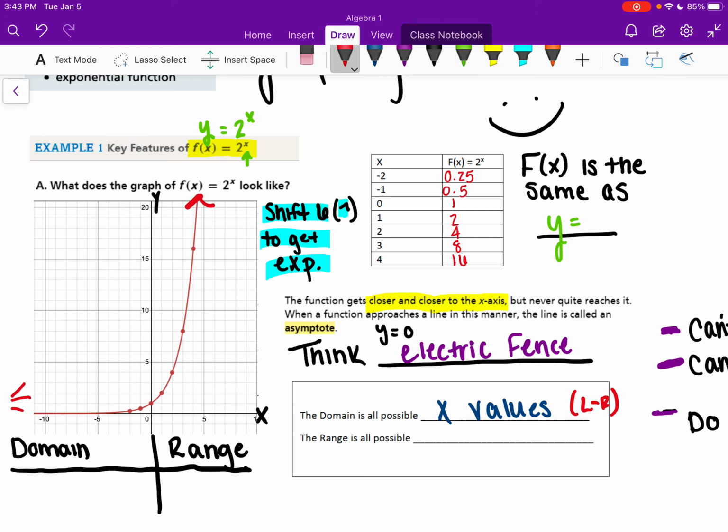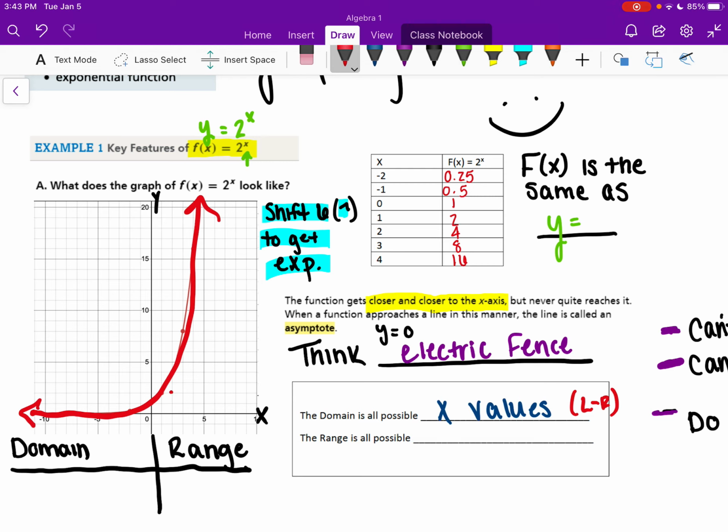So if we're just tracing this graph and we start at the left and we go up to the right, even though it looks like our graph stops, those arrows tell us that they don't actually ever stop. So when it comes to the x values, like how can we move side to side, it keeps going on forever.